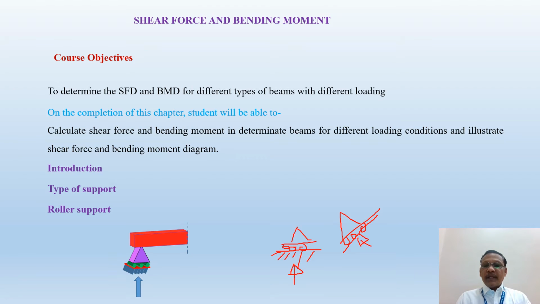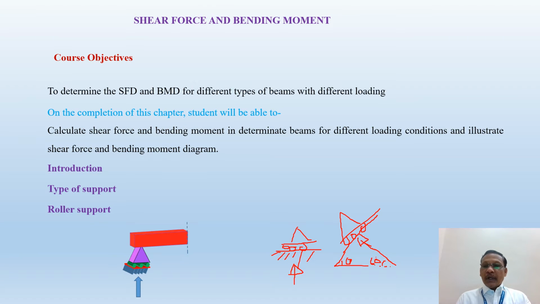Now if this base makes any angle theta, then this reaction will be inclined with respect to the base. Correct? When such a reaction is there, we have the conditions of equilibrium, available along the x direction and y direction.